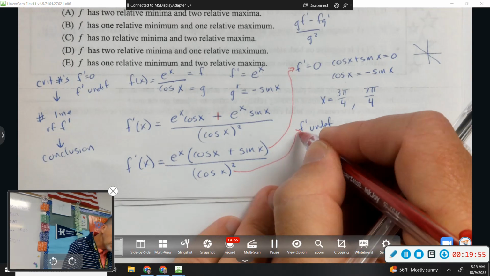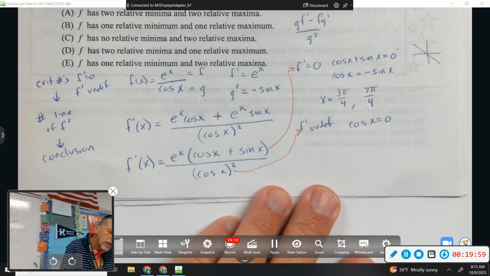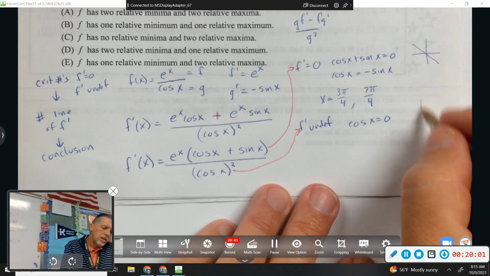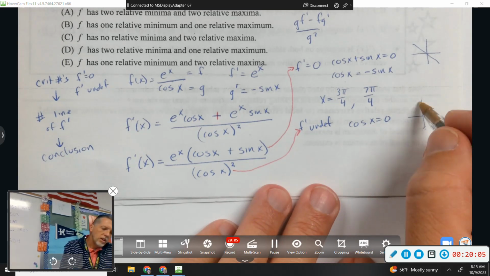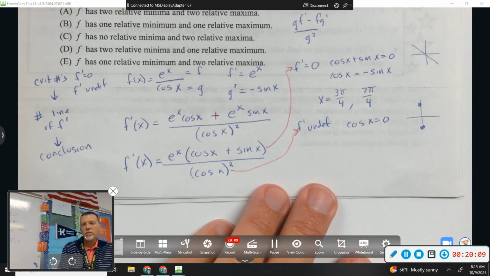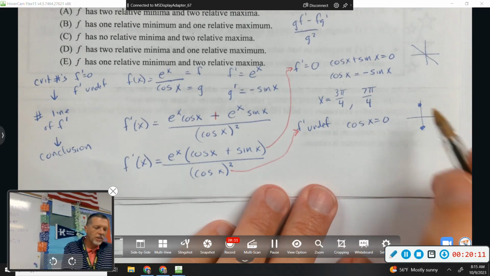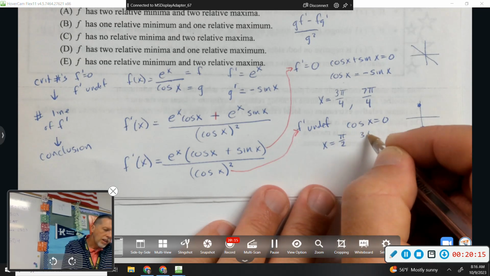f prime undefined, that would be where the bottom is equal to 0. So cosine is 0. There and there. Like, I'm more of a visual person first. Cosine is 0 there and there. There being pi over 2 and 3 pi over 2.